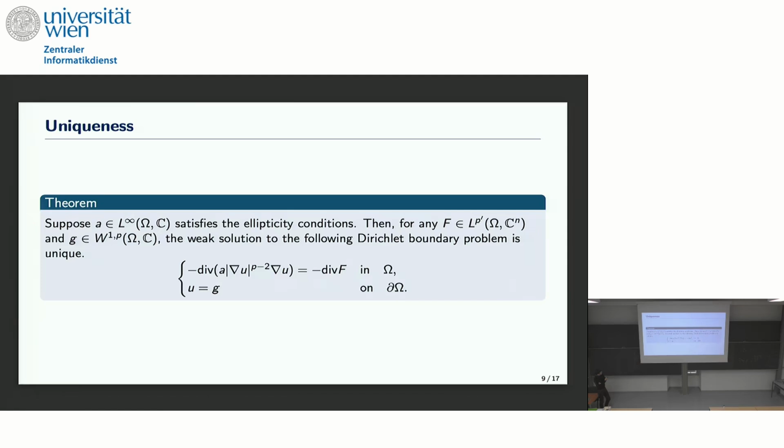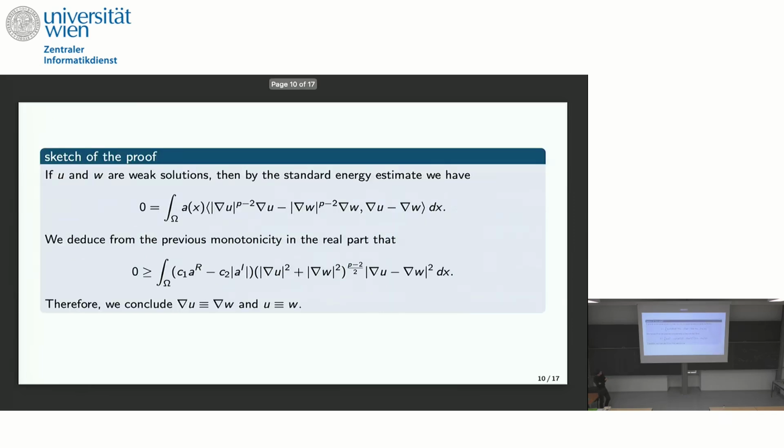Suppose the coefficient A satisfies the previous ellipticity conditions, suppose F is in the first term and G is boundary data from the domain. Then if we try to prove the uniqueness, we consider the difference of the equation and take u minus w as the test function.